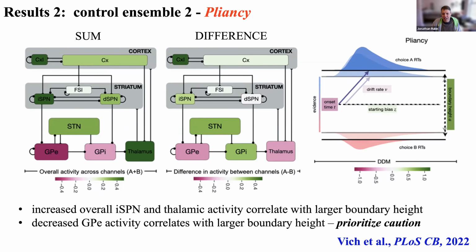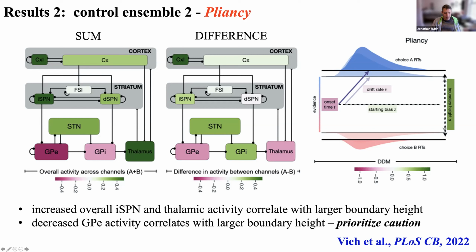And so what we can see here is that we have this nice strong loading on the boundary height, or decision threshold. And sure enough, most of the action is showing up in the sums, and especially the dark regions here are associated with the indirect pathway.